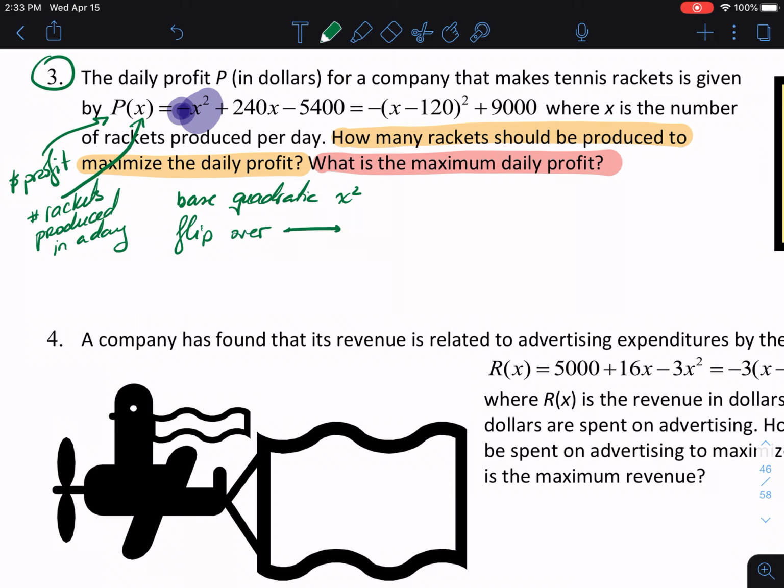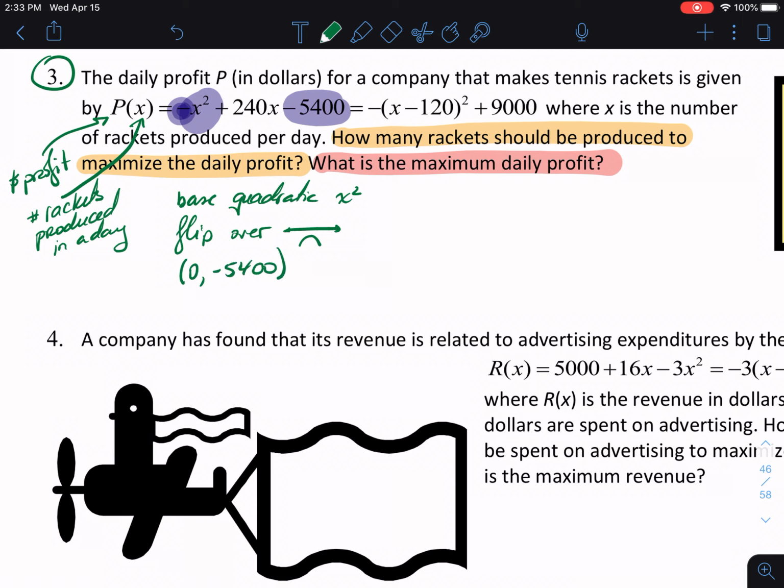So it's going to go like this instead. And we also know that we're subtracting 5,400. So if x is 0, then the value of profit is negative 5,400. So (0, negative 5,400) is a point.